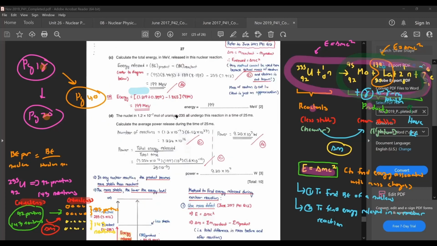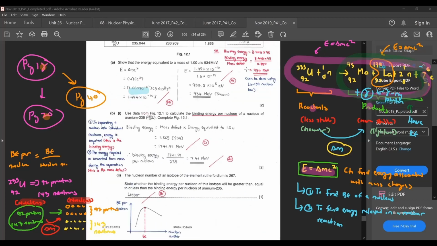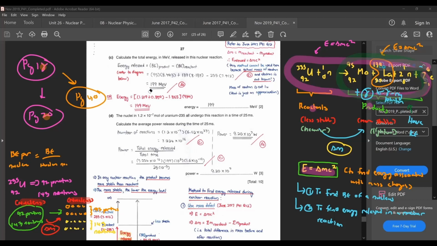Right, now here you look at this particular question. They are asking you to calculate the total energy in MeV released in this nuclear reaction. Okay, so notice that this question here is actually the same as what you did in page 18.